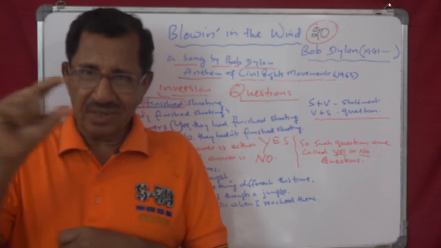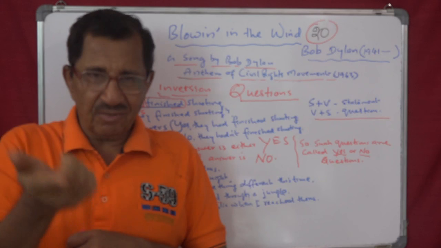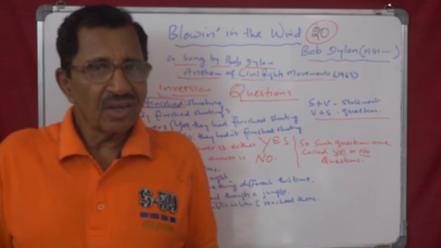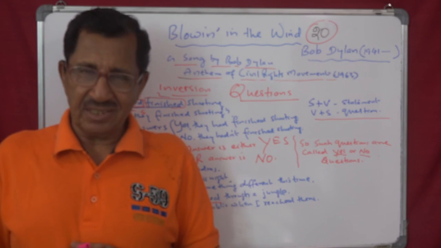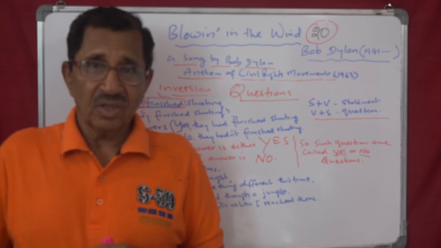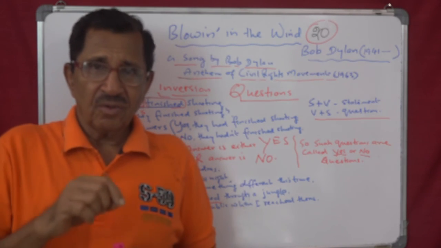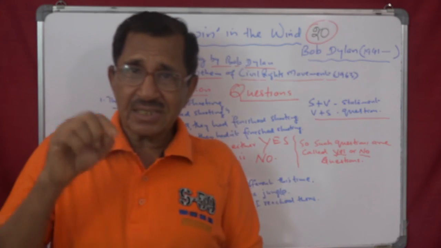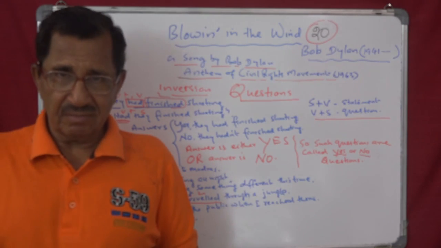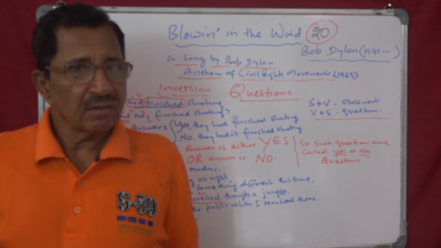When a statement is given, you can make it a question. And when a question is given, you can make it a statement. So in English, word order is very important. The order of words, first, second, third. First subject, second verb is statement. First verb, second subject is question.